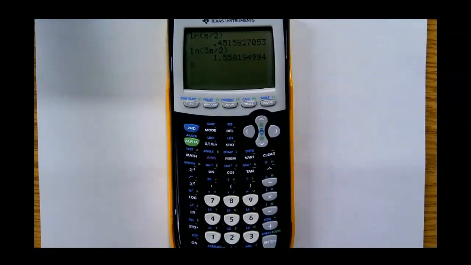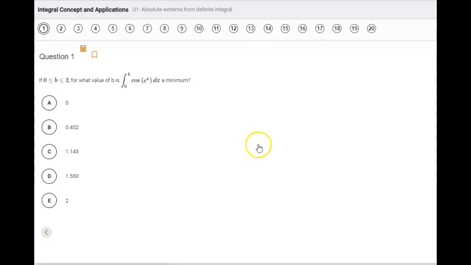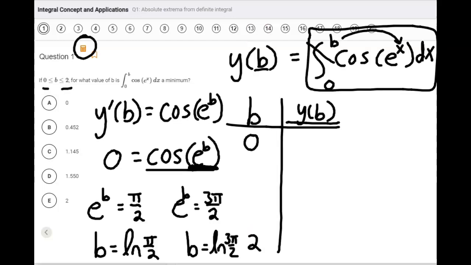So those are going to be my two critical values. So I'm going to come back to this now. And as you can see, ln of pi over 2 is this one, and ln of 3 pi over 2 is this one. So they've got both critical values there. So I'm going to put them both in my table.